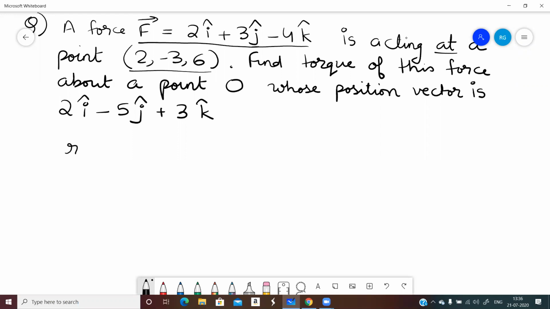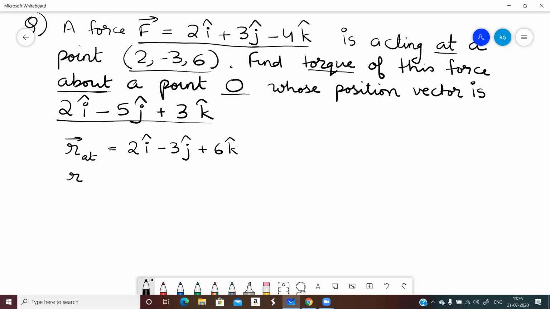So I can write r at, this is 2i cap minus 3j cap plus 6k cap. Then they say find the torque of this force about a point O whose position vector is 2i cap minus 5j cap plus 3k cap.